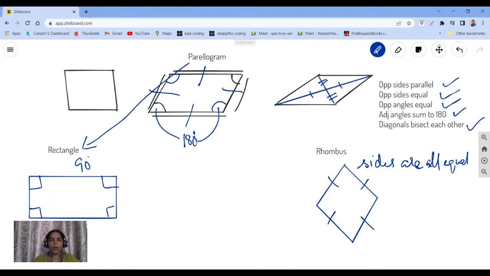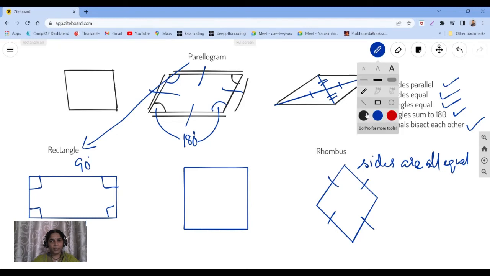Now, what if both these properties merge, along with all the other properties of a parallelogram? Opposite sides parallel, opposite sides equal, opposite angles equal, everything. Along with that, every angle is 90 and every side is also equal. What do you get? You get a square, right?